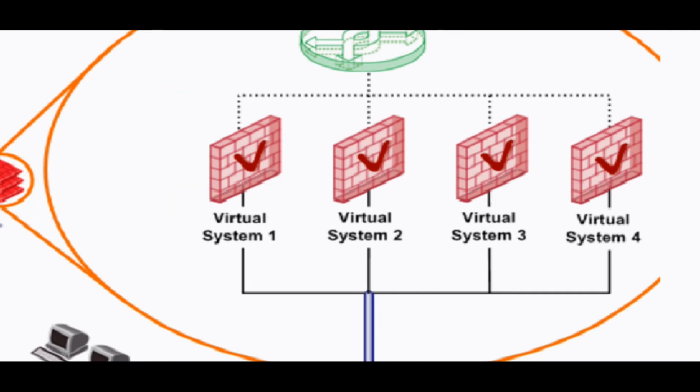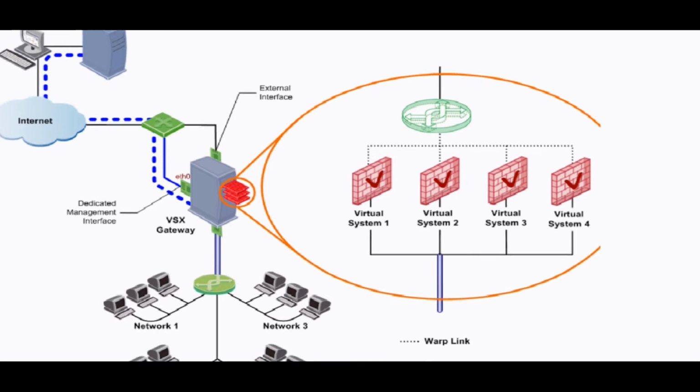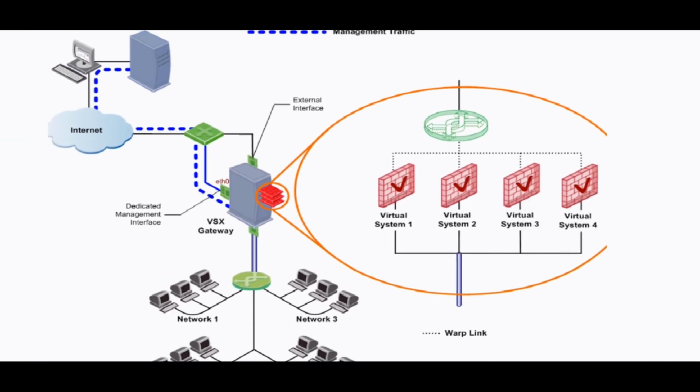Now let's talk about the third important feature, which is forwarding to the destination. In traffic management, the third feature, third rule, we call it firewall forwarding traffic to destination. What does this mean?